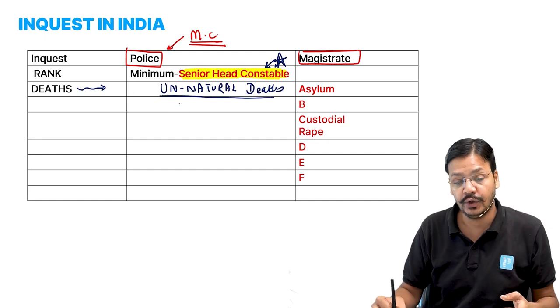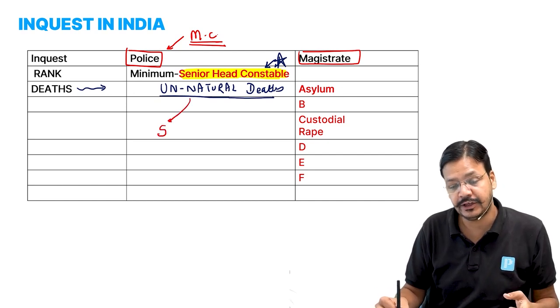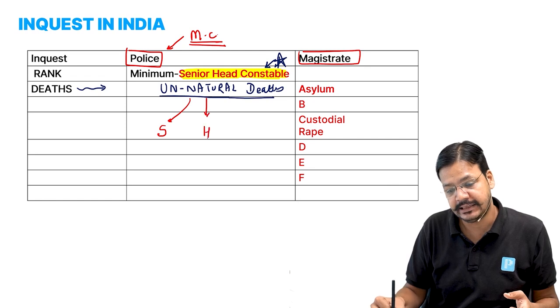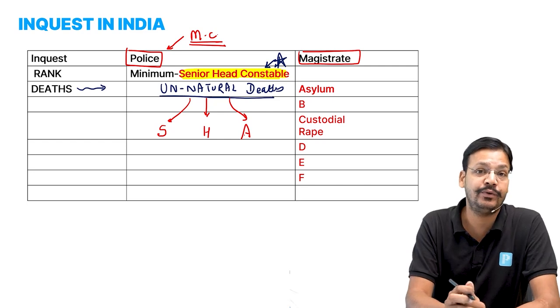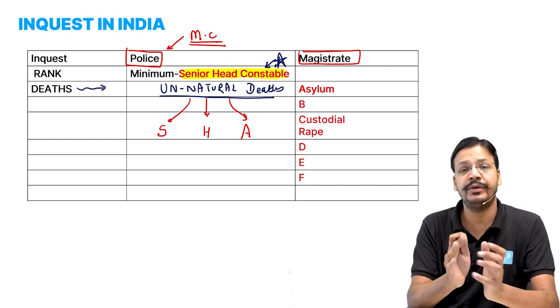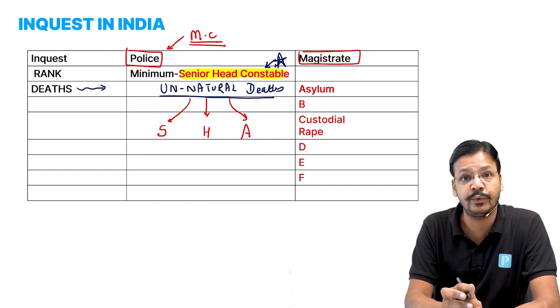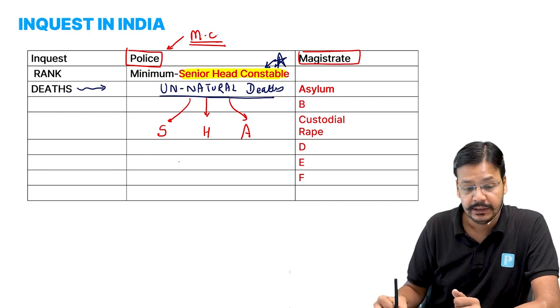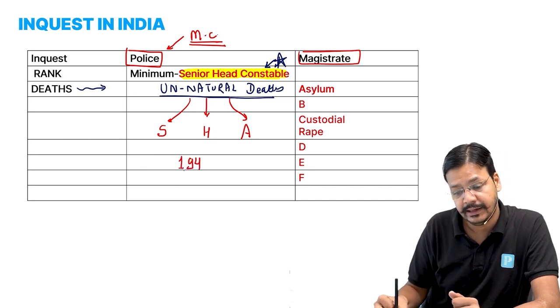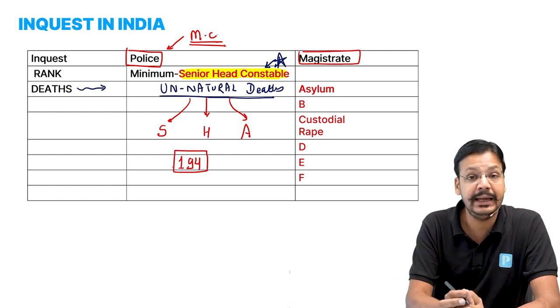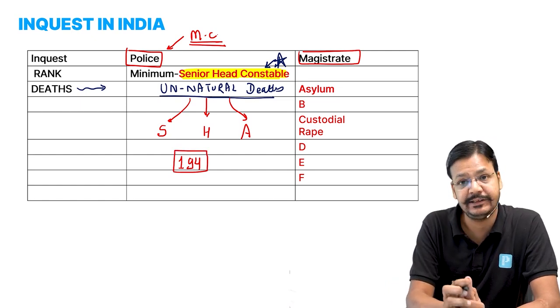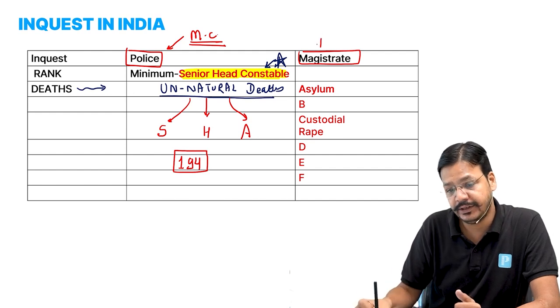Example, suicide, homicide, accident. These are all unnatural deaths. So if you get a question, which is the most common inquest in India, that is the police inquest, and this is 194 BNSS. Done, sir. Now I am coming to magistrate inquest.